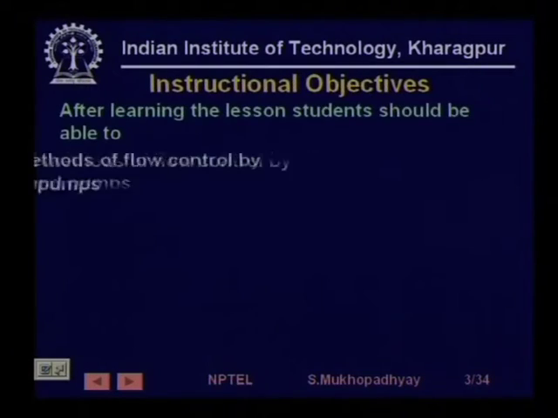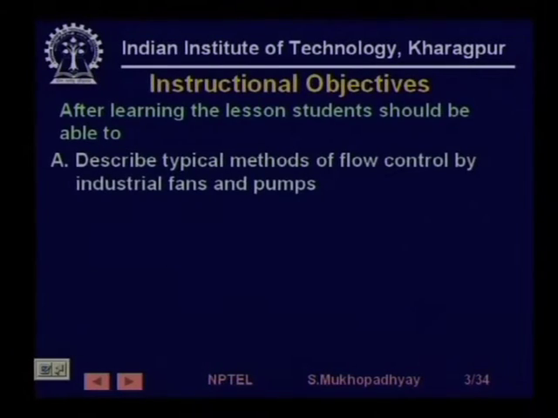firstly we are going to see what are the various kinds of flow control applications, that is the application that we are trying to consider. So, flow can be of gas or liquid. So, accordingly we have either what are known as fans or blowers, or we have pumps.